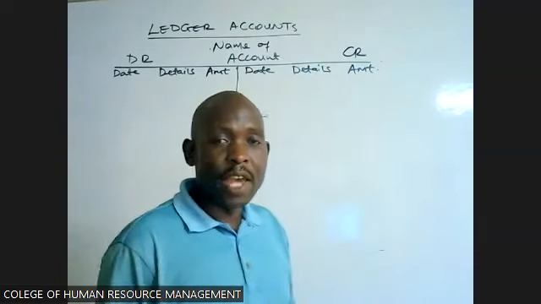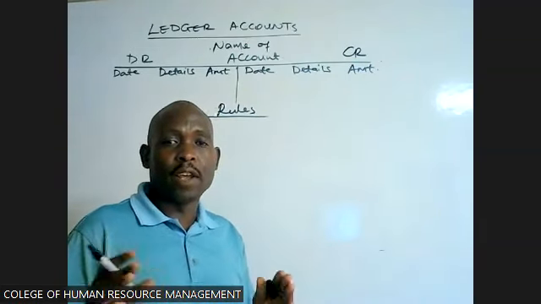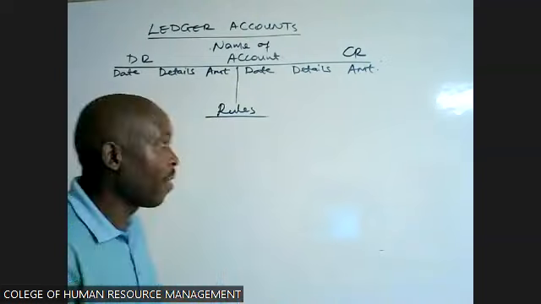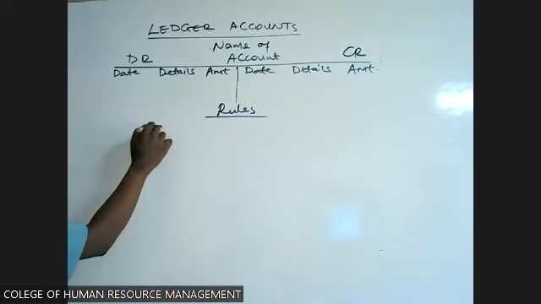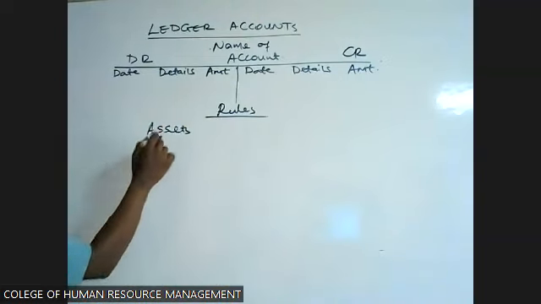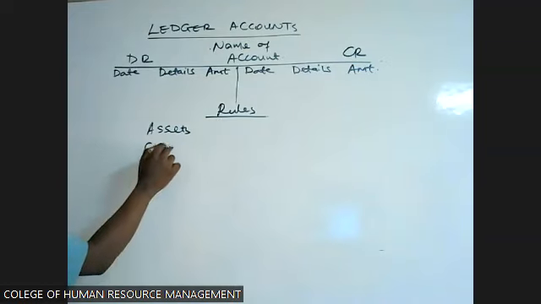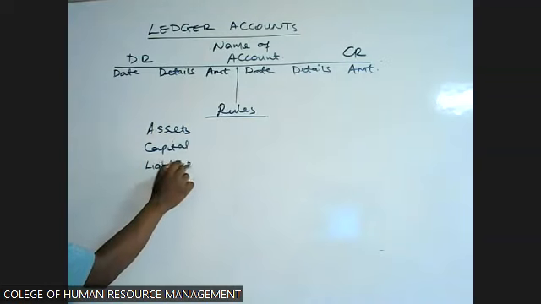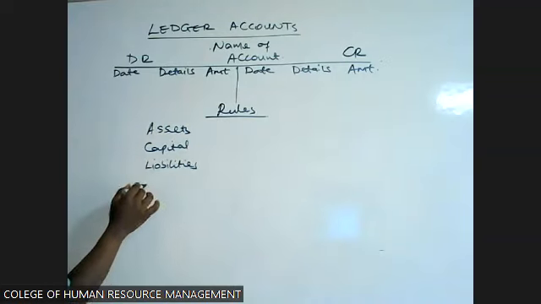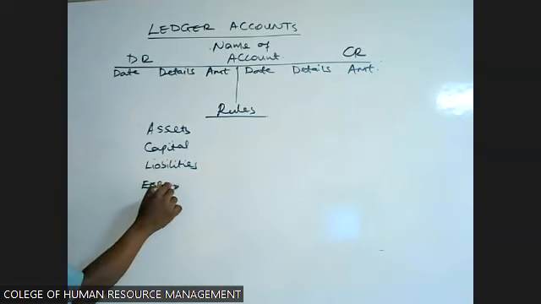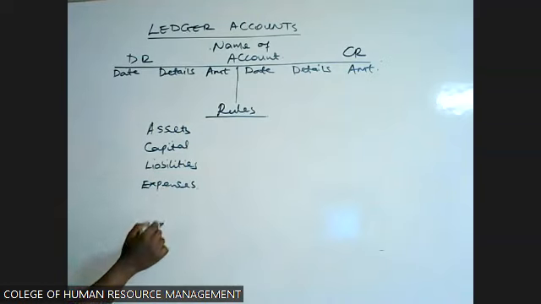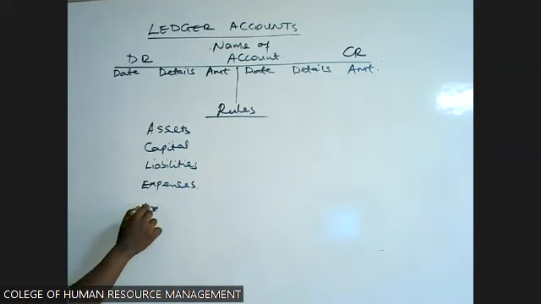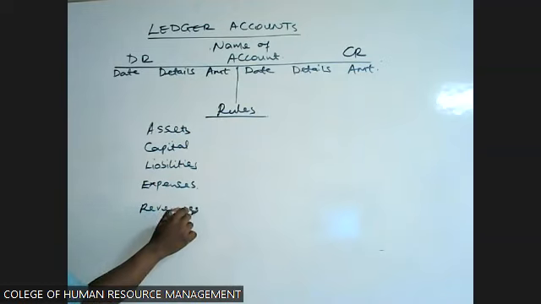So, generally, we have the following classification of items in the business. We have talked about the assets, capital, and liabilities. We have mentioned expenses. We have mentioned things to do with revenues.